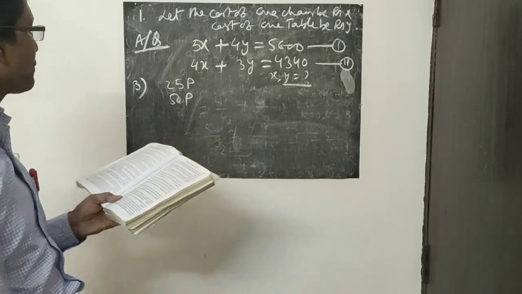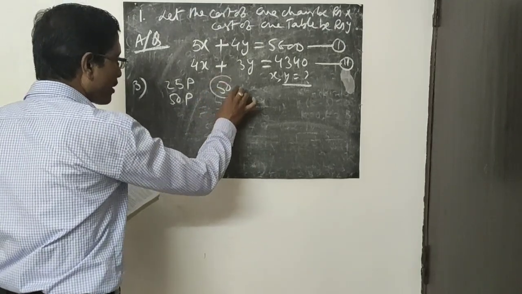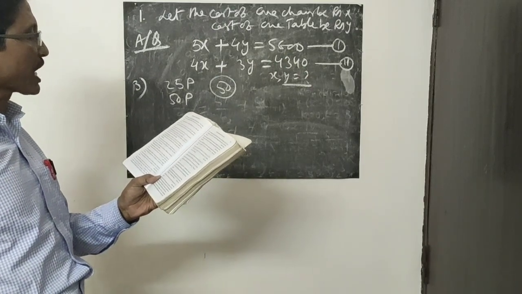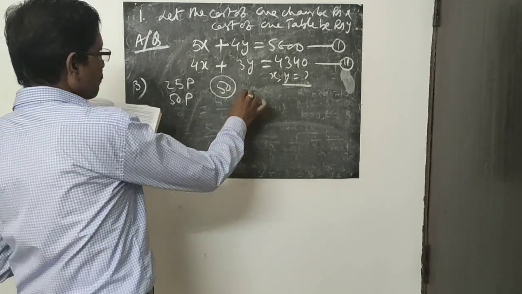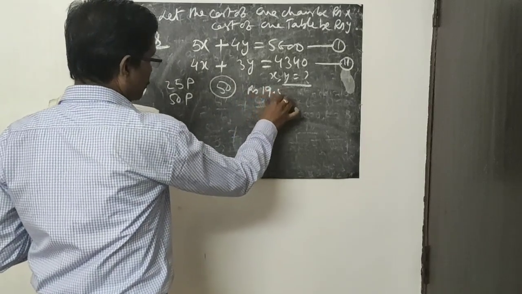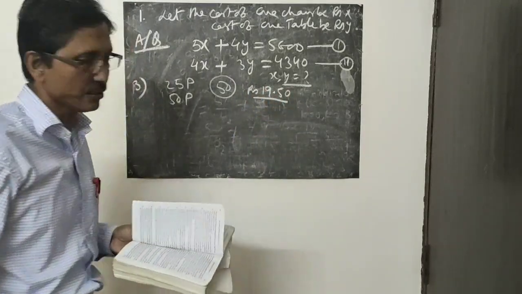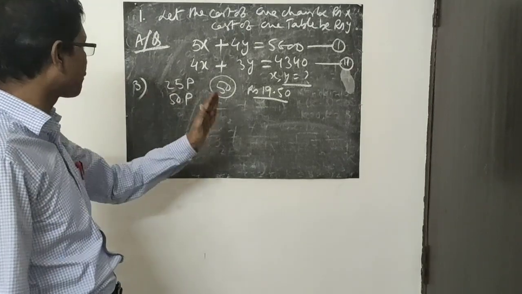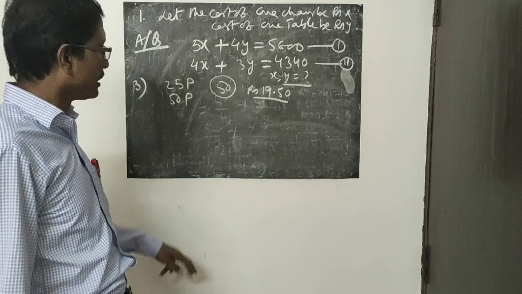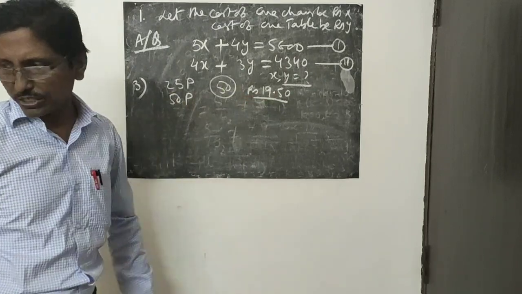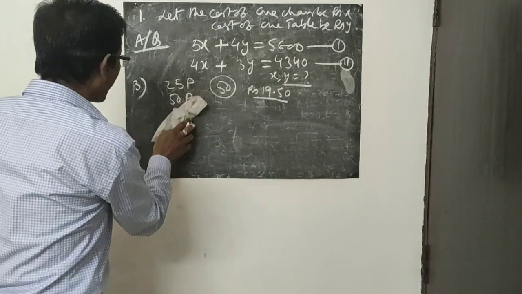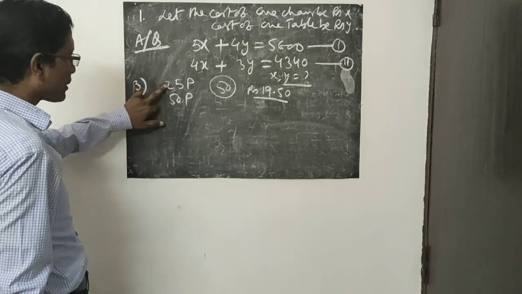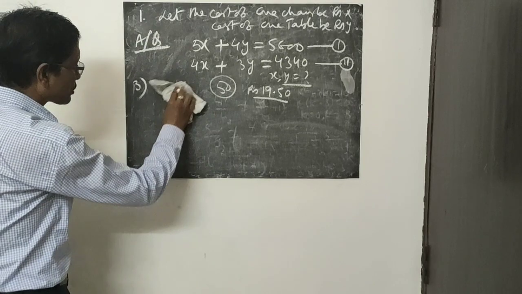If she has 50 coins in total, and all together totaling rupees 19.50, find the number of 25 paise and 50 paise coins. So the total value is 19.50. Two types of coins you have, and their numbers are to be found out.